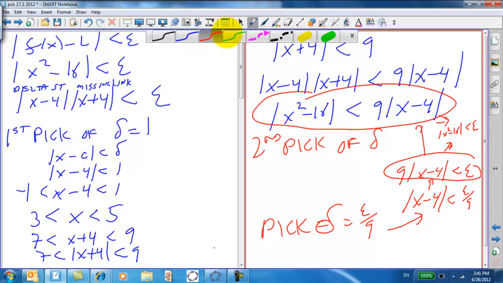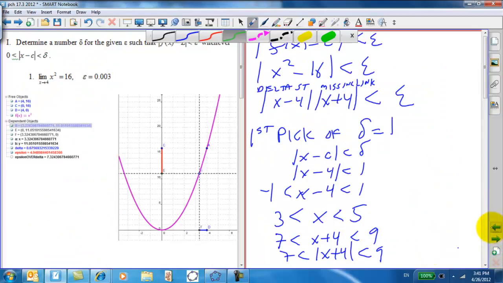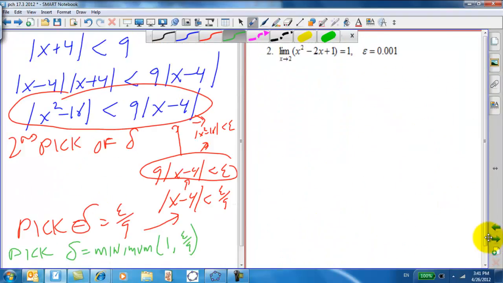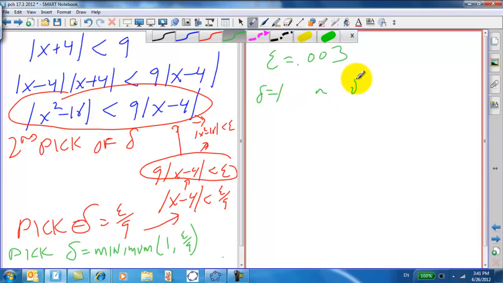So what we do then, here's the compromise: pick delta to equal the minimum of 1 or epsilon over 9. So in this case, where you remember the original problem, epsilon was 0.003. So let's compare delta equals 1, or delta equals 0.003 over 9.